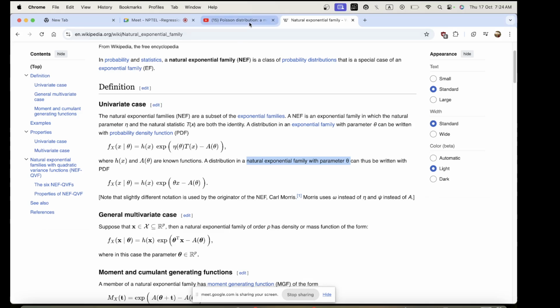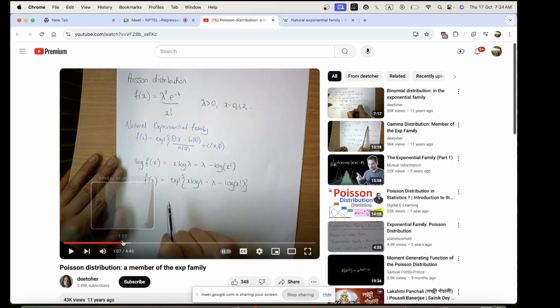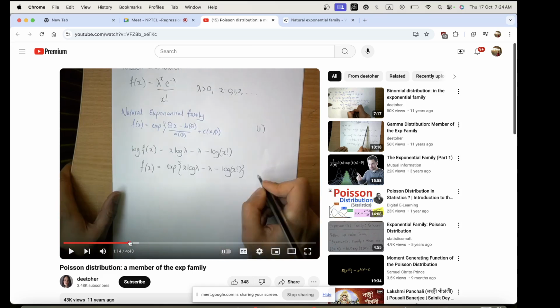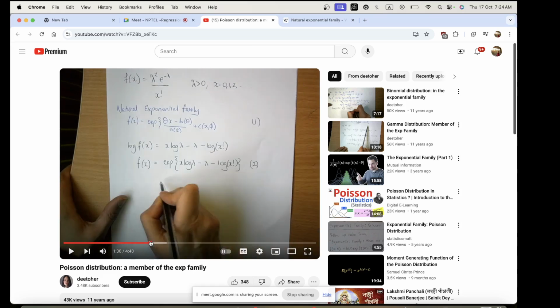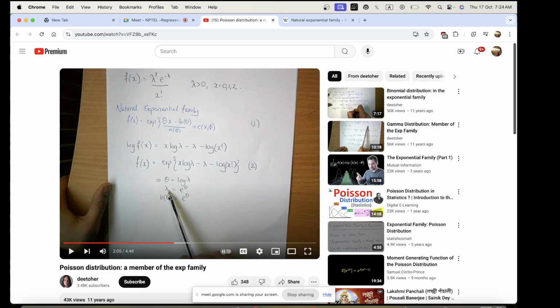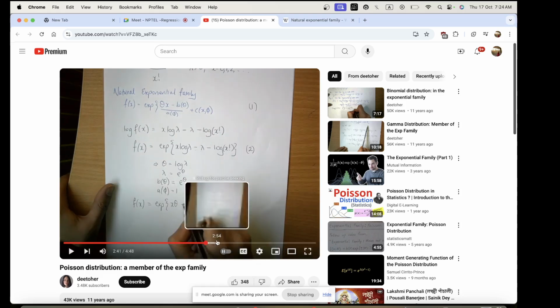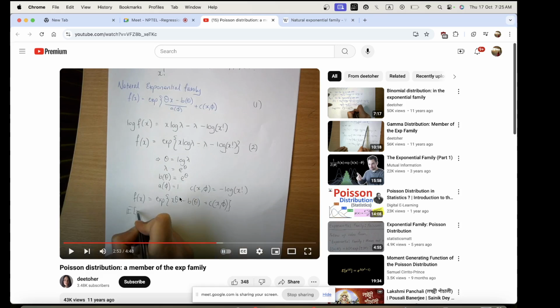So the distribution that they have taken over here, see, this is a Poisson distribution, and then they are writing theta equal to log lambda, and lambda equal to eta(theta). So b(theta) is eta(theta).